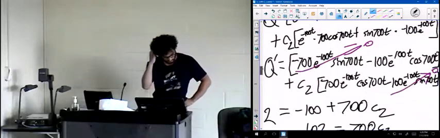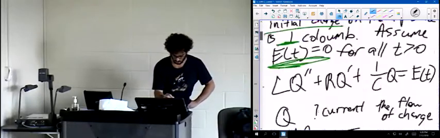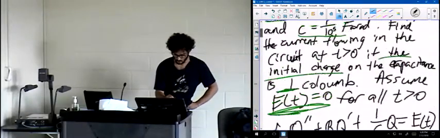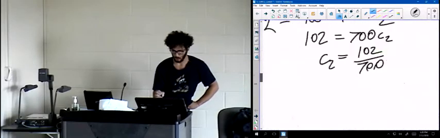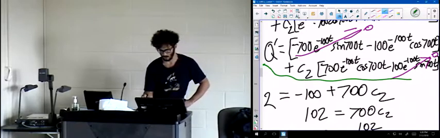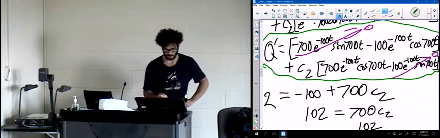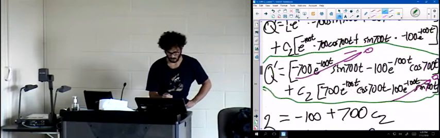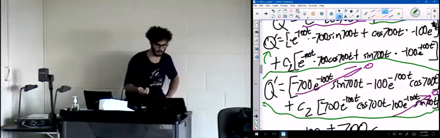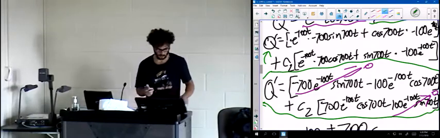And I believe the problem asked for the current, right? Find the current flowing at any time greater than 0. Well, that's really just this formula right here above it. But all you have to do is plug in that C2 and there's your formula. There's your current.